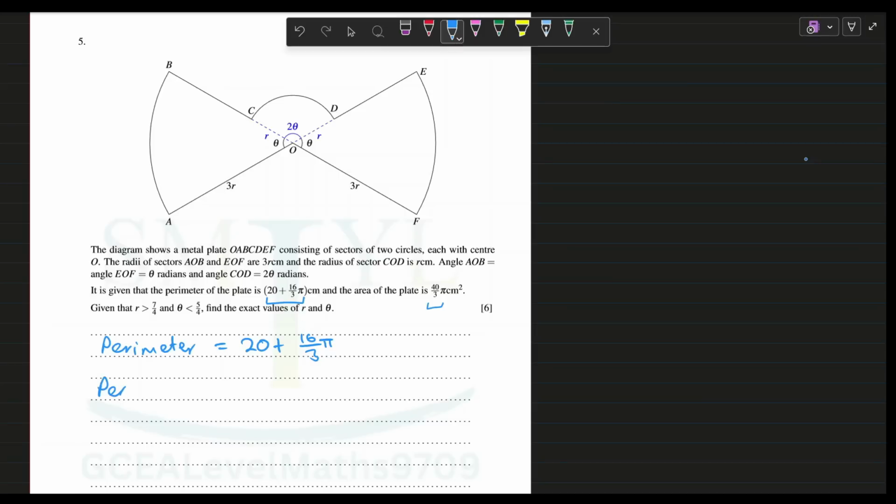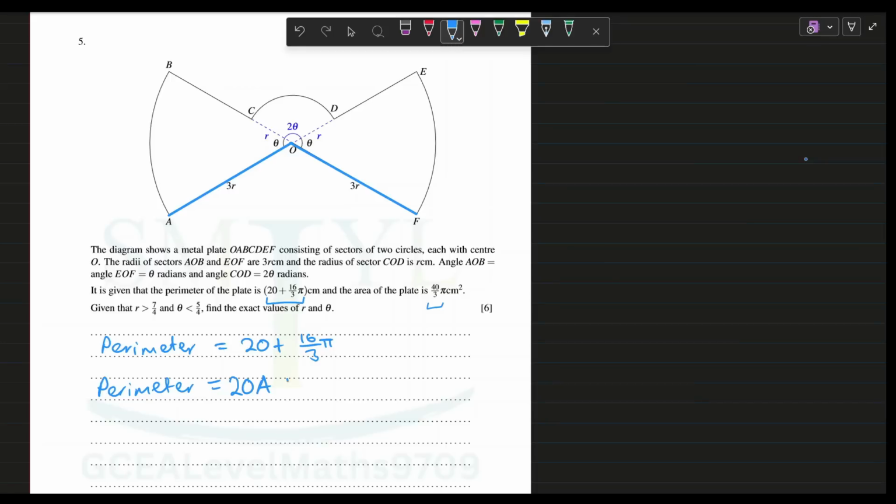So we can say our perimeter is equal to the line OA, plus we've also got O to F. But notice how OA and OF are both the same because they're the radius of the large sector. So I can just write 2 times OA instead of writing OA plus OF.